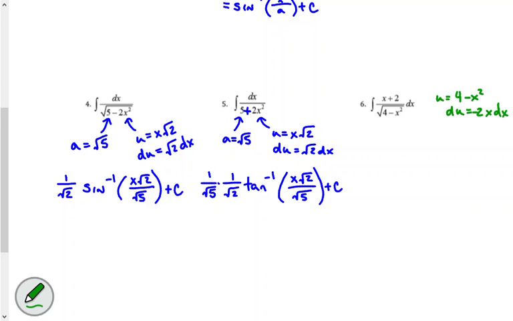It would be nicer if there was a factor of x plus 2 right here, but there isn't. So I can't do u sub, and I can't do inverse trig yet. So the only thing I can do for number 6 is to split it up.